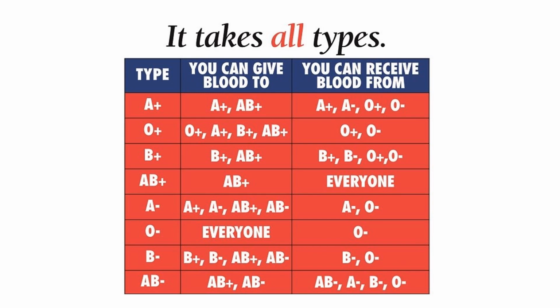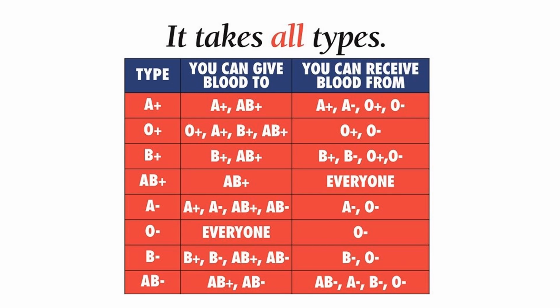What do we mean by plus? It means you have the presence of the Rh factor, that extra protein. If you are A plus, you can donate blood to another A plus person or an AB plus, and you can receive blood from a blood type A person and an O blood type person.